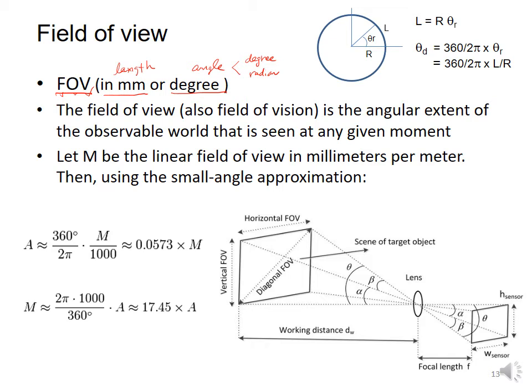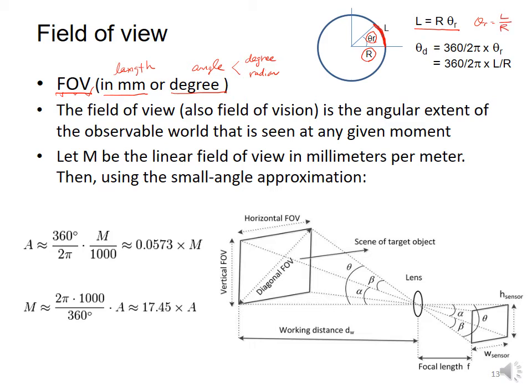First, let's think about the definition of a radian angle. Here is a circle with radius r, and the angle theta is here, and L is the arc from here to here. This is the definition of a radian angle: L equals r times theta r. So theta r can be calculated by L divided by r.